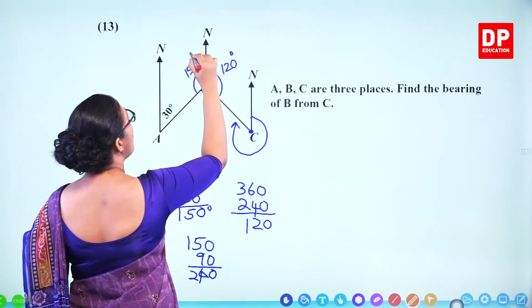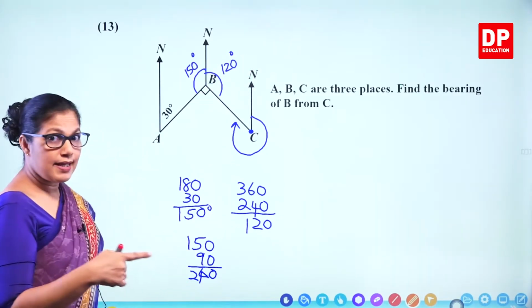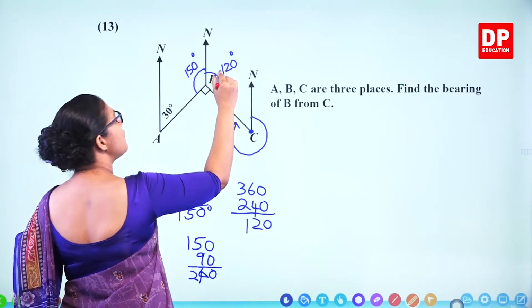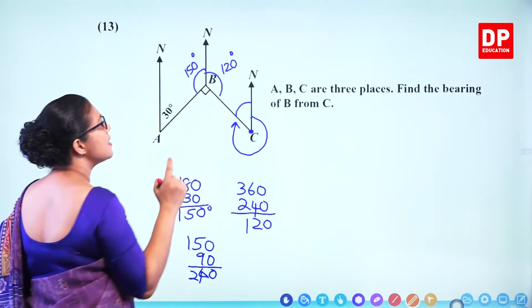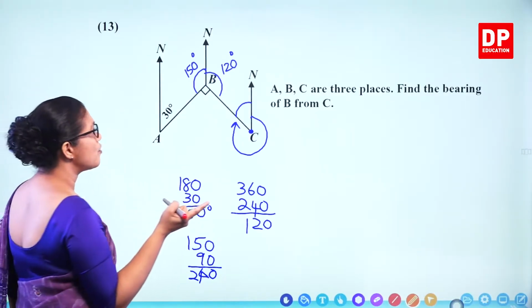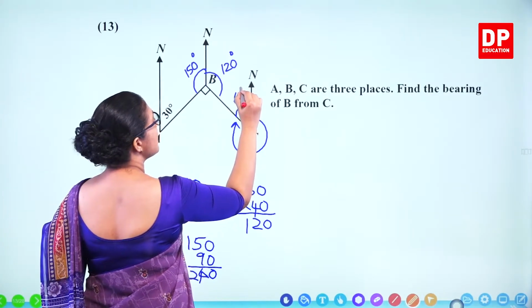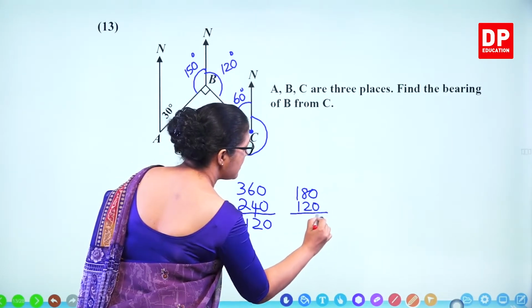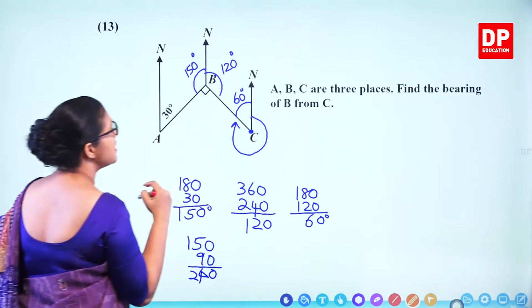So you can do all the calculations here in the space given. And then if this is 120, this is 180 minus 120, that's 60 again. Allied angles add up to 180.